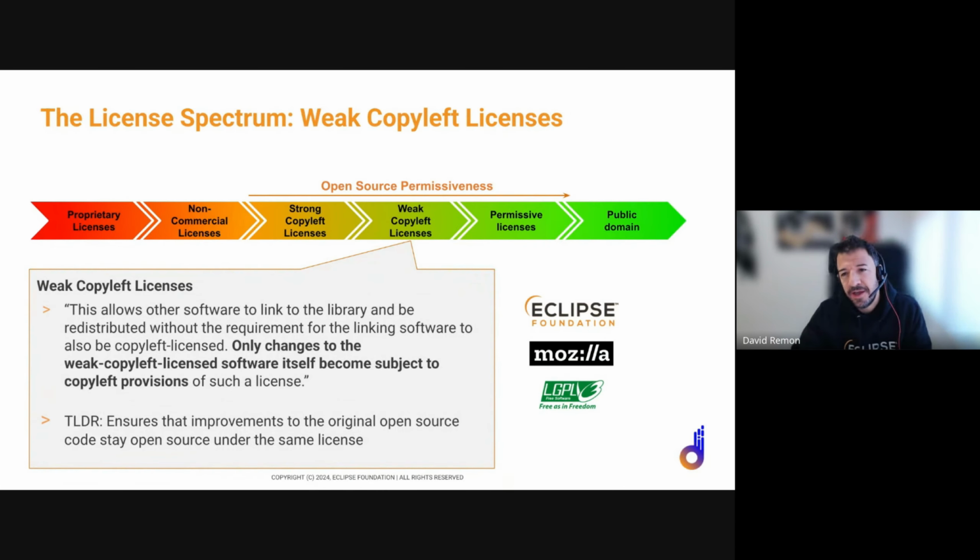Other works can be licensed as you want. Therefore, you can do what you want with the code, and only if you improve the code or you solve a bug or you modify it, those improvements need to stay under the same license.